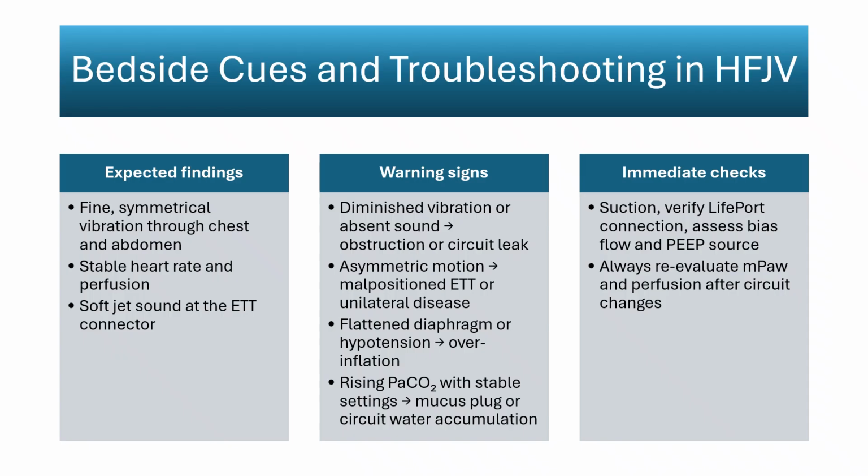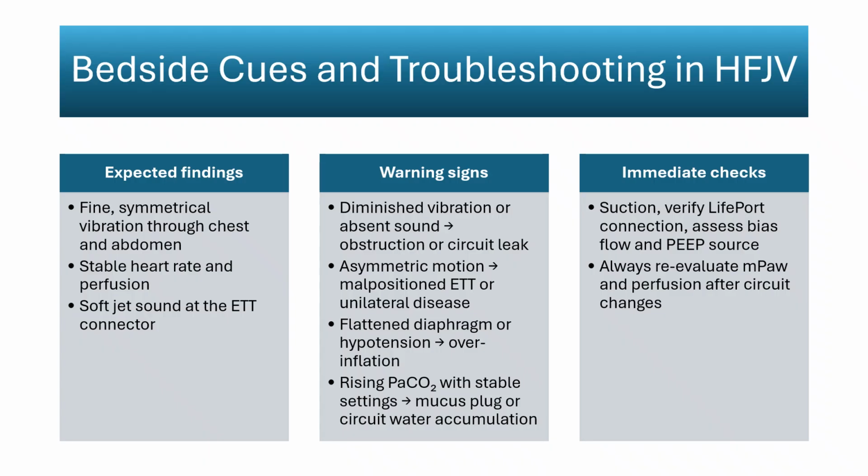Observation remains the most immediate and reliable indicator of jet ventilator performance. The expected finding is fine, symmetric chest vibration extending to the lower abdomen with each burst of the jet. This subtle motion confirms that high-velocity pulses are reaching the distal airways. Diminished or absent vibration indicates airway obstruction, circuit leak, or disconnection.